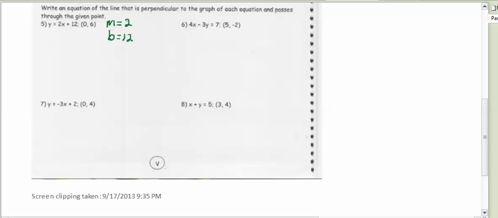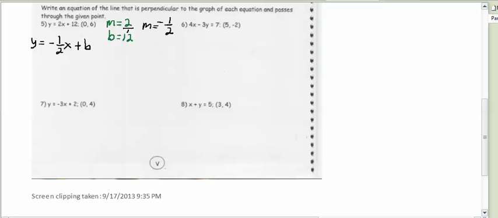I'm going to use one that is perpendicular. So if this is 2 over 1, the new slope I'm going to use is 1 over 2. And if it's positive, I'm going to make this one negative. So that's my new slope. It's going to be y is equal to -1/2 x plus b.